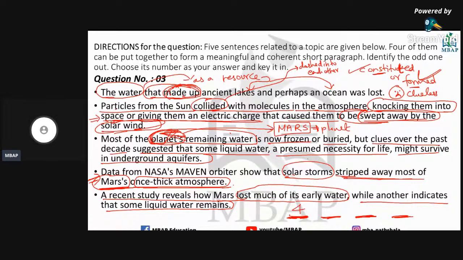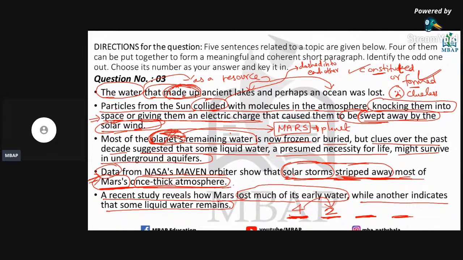And guys, if you notice carefully, sentence 4 just introduces the point that data from NASA's orbiter show that solar storms stripped away most of Mars' once thick atmosphere. Now, after fourth, it is very evident that sentence 2 will be my next sentence. Why? Because in what manner or how did solar storms strip away Mars' once thick atmosphere?